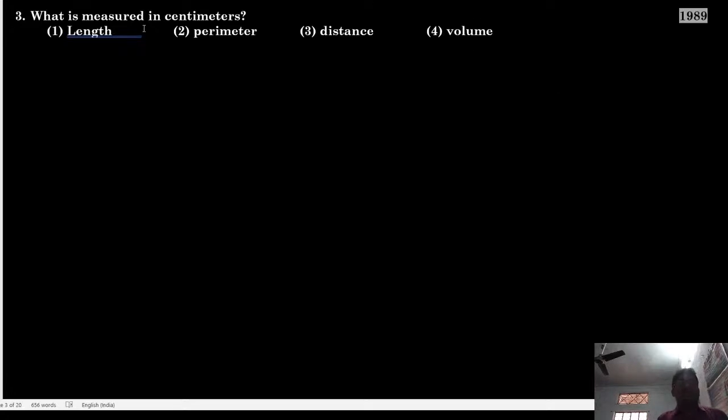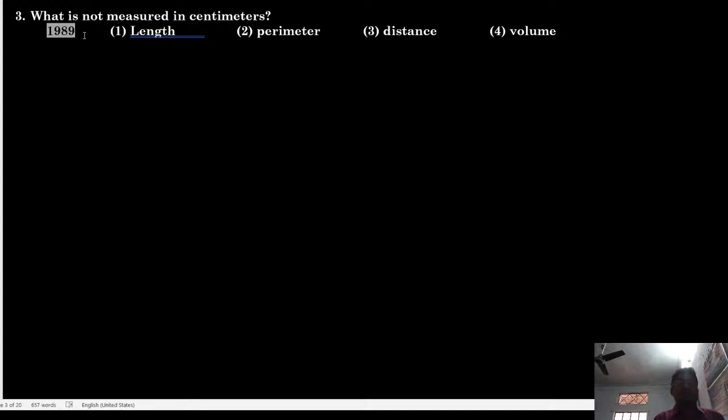What is measured in centimeters? Here is a correction: what is not measured in centimeters. Children, you correct this.